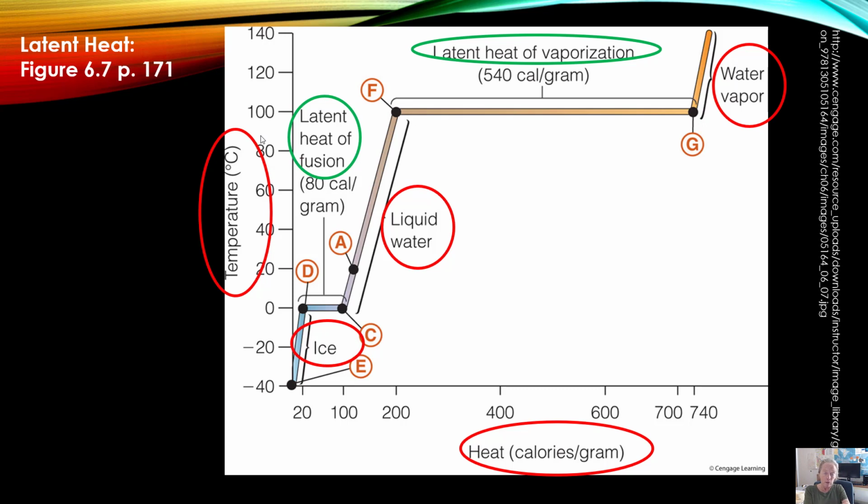This is also why jumping in a pool and getting out cools you off really well when you're really hot, because all that water on your body, as it evaporates when you get out of the pool, is taking 540 calories per gram with it. And of course, that's why Mother Nature has let us sweat, because sweating is our best way to get rid of extra heat.